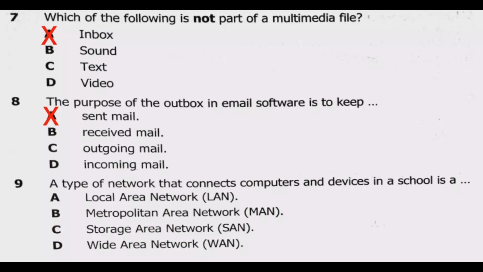Question number 9. A type of network that connects computers and devices in a school is A. Local area network, LAN, B. Metropolitan area network, MAN, C. Storage area network, SAN, D. Wide area network, WAN.